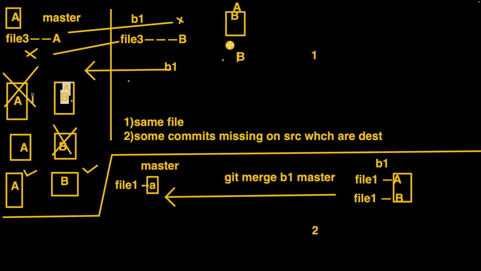It is not allowed. You get a conflict. It cannot override, it cannot ignore. It has a doubt which snapshot, which box, it should keep in master. The box coming from B1 is having only commit B. Should it override the box in master, meaning file commit A? Box, I'm just referring to it like a box, whatever commits you have on file 3. It will not override, it will not ignore, hence it gives the conflict.